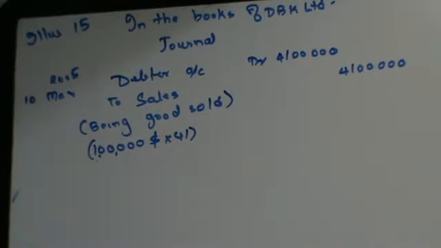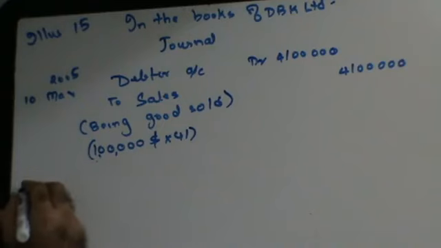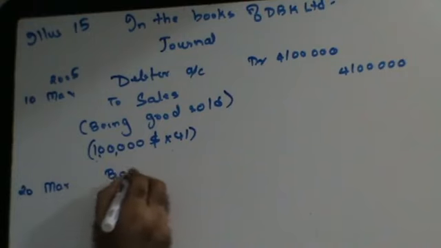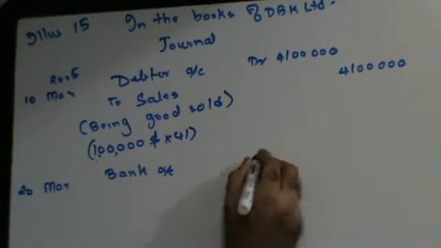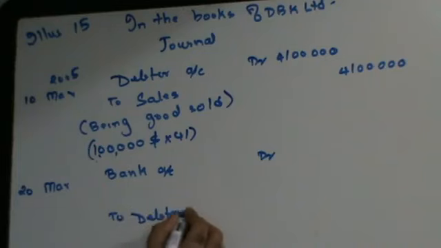Next. The payment for the same was received as under. You're receiving payment on 20th March. Money is coming in. Bank account debit, leave a line to debtor account. You are receiving $40,000 at the rate of 42.